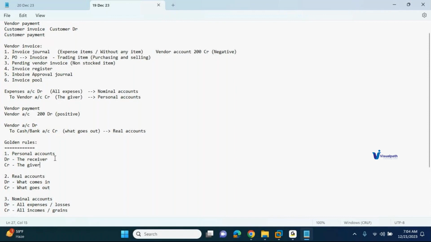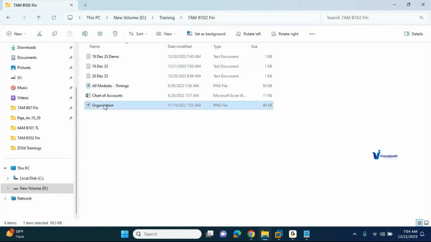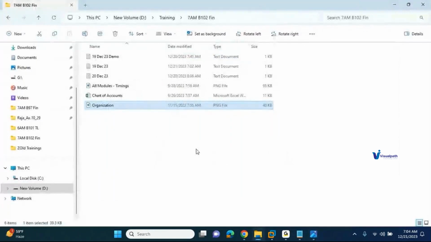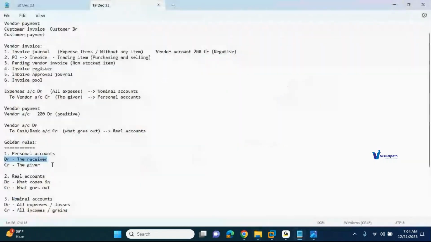Now in this one, debit the receiver. In the organization chart, we understood we are dispatching material and the customer is receiving material. So the customer is the receiver. Here I'm adding, this is my own word, material.